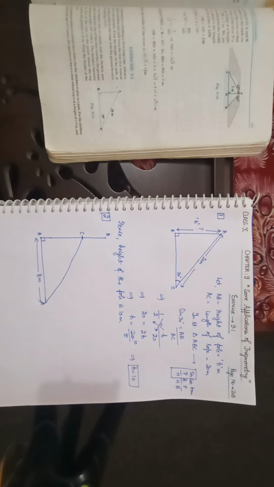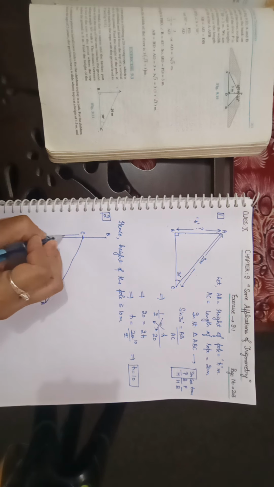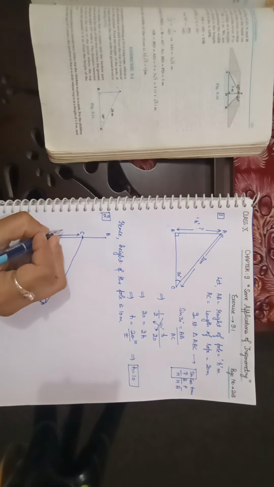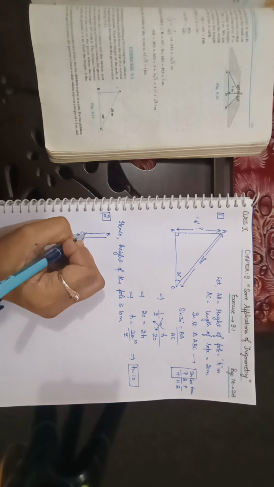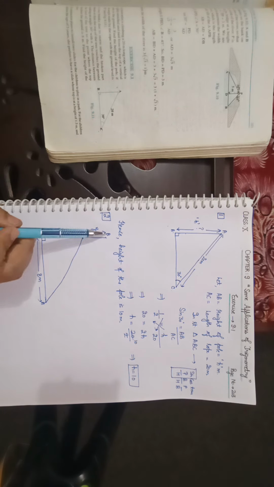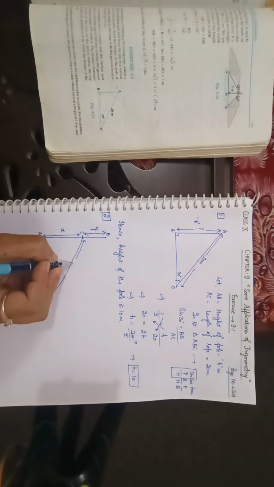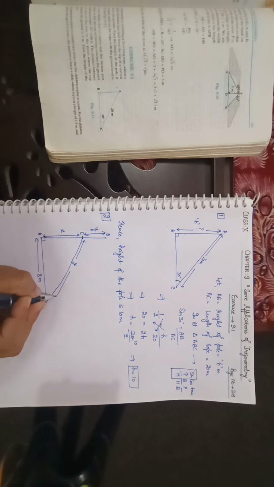Now one thing you notice children, first of all let's assume here, suppose जो पेड़ का भाग अभी खड़ा है, that is suppose this is X, and that broken part, the top part, suppose this is Y. So if this is Y, BC is Y, that means ये broken part, यही तो part आपका ground में गिरा है. So if this is Y, that means this part is also Y. Am I correct?